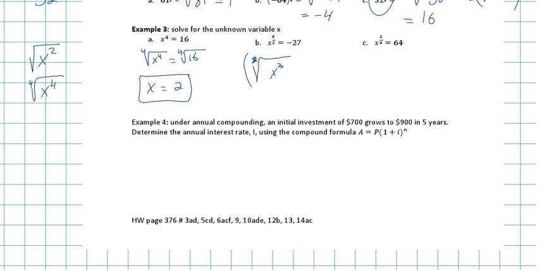I have to do that to both sides, correct? If I do it to one side, I do it to the other. Square root is cancelled. Done. Now I'm only left with x cubed equals, what's 27 squared, please? 729.